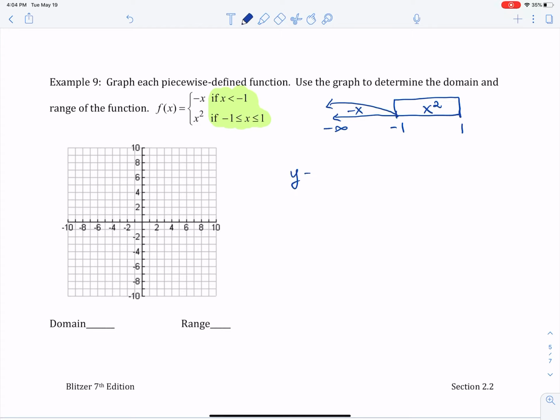So first, how to graph y is equal to -x. Well, of course we can plug in some values, but that's very easy to think about. The slope is -1 and the y-intercept is 0, so start from 0 and go down 1, 1, 1. The only thing is that we need to go up to -1 to be precise. But of course, if that method doesn't work for you, you can always plug in x values, let's say -1, -2, and so on, and see what the y value is.